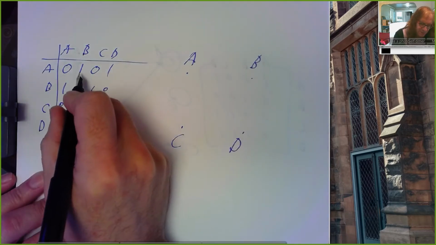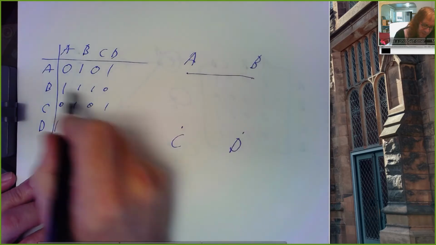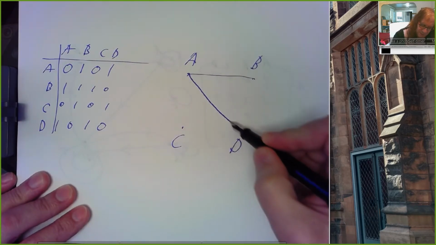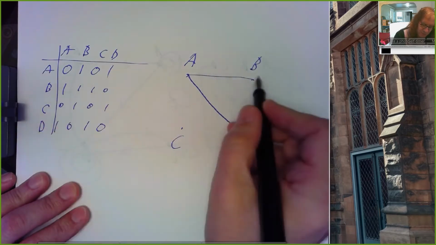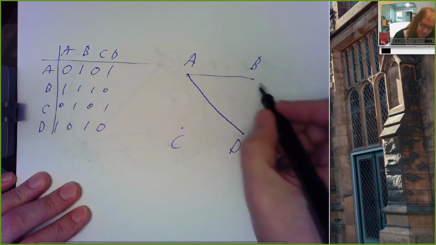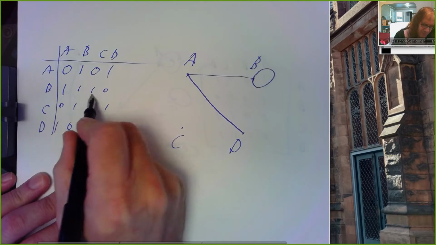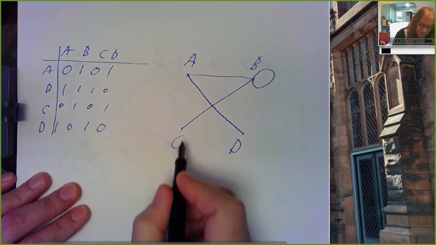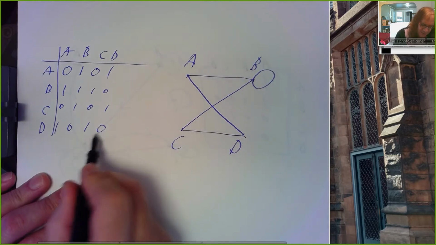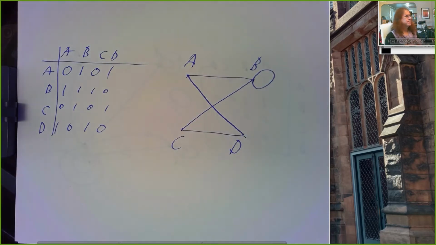So this says there's an edge between A and B, and an edge between A and D. This says there's an edge between B and A, which we already knew. Also B to B, so we've got a loop there, and also B to C. And then C is connected to D, and that should be our whole graph.